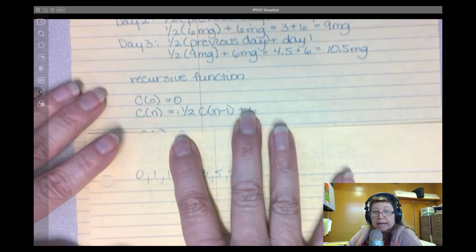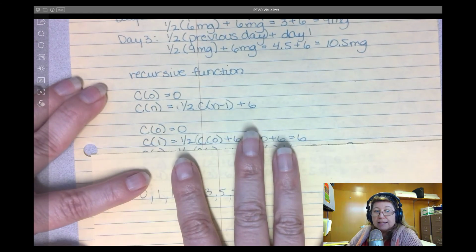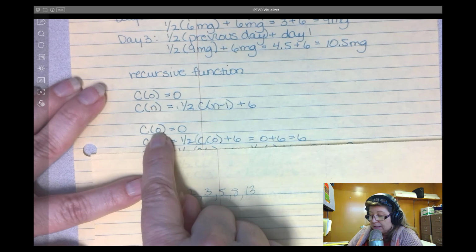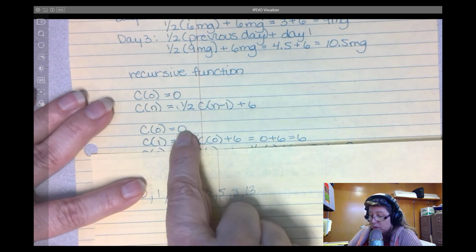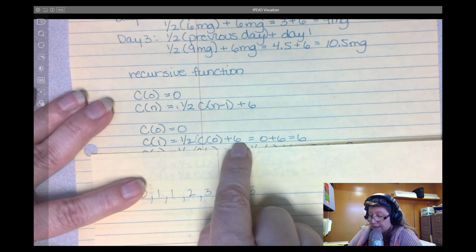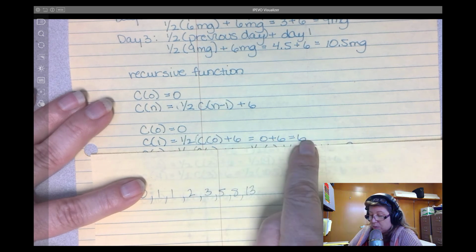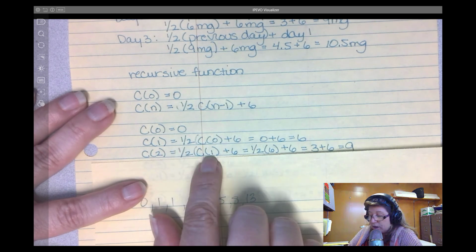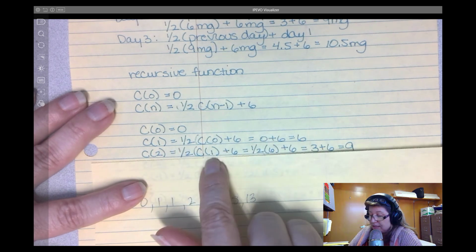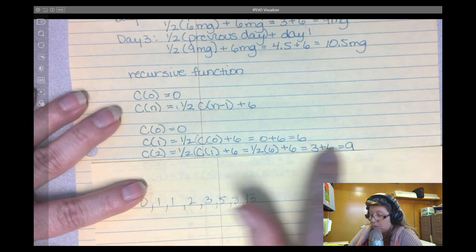Writing it as a recursive function, at 0, C0 equals 0. At day 1, it's half of the day before, half of 0, plus 6, so 0 plus 6 equals 6. C2 is half of what came before it, half of 6 plus 6, and we get 9.